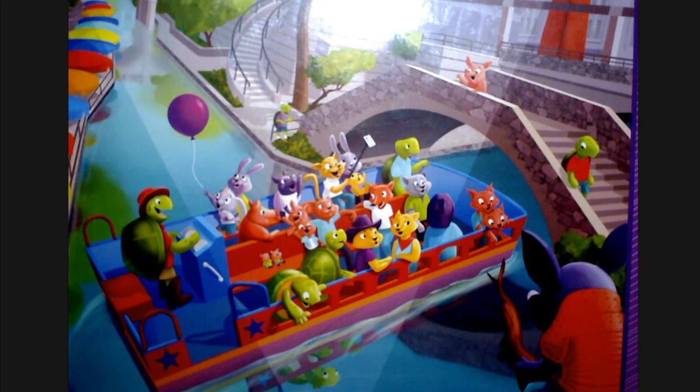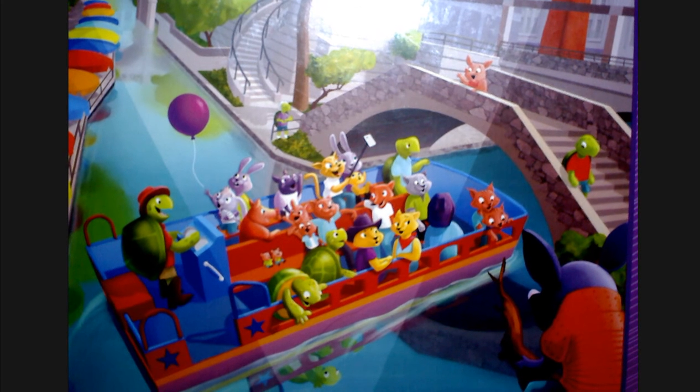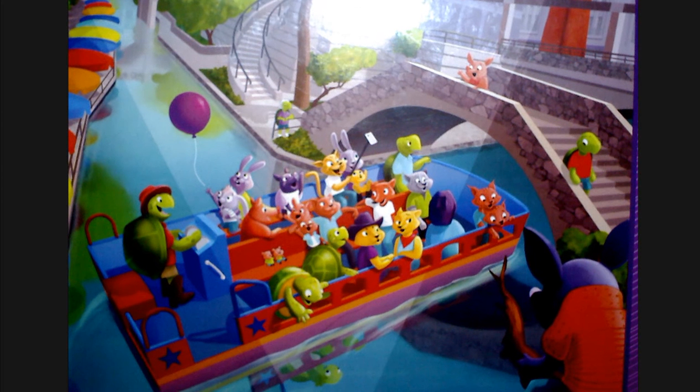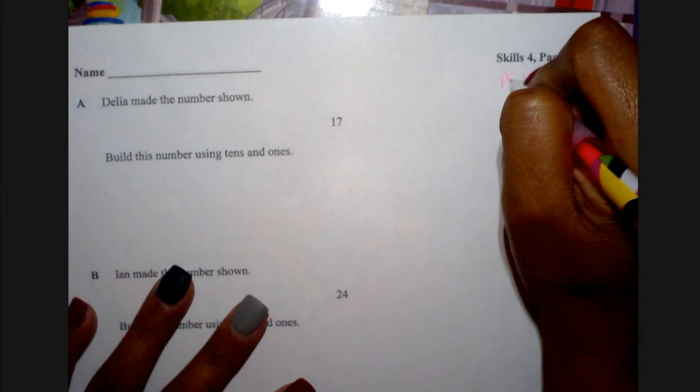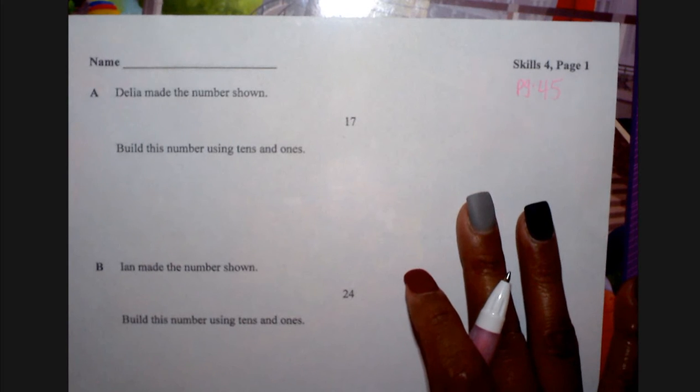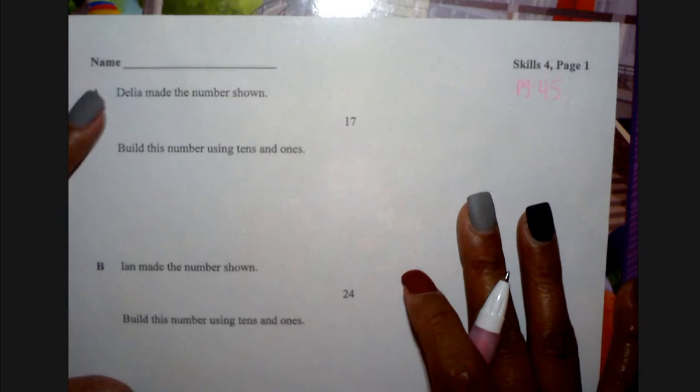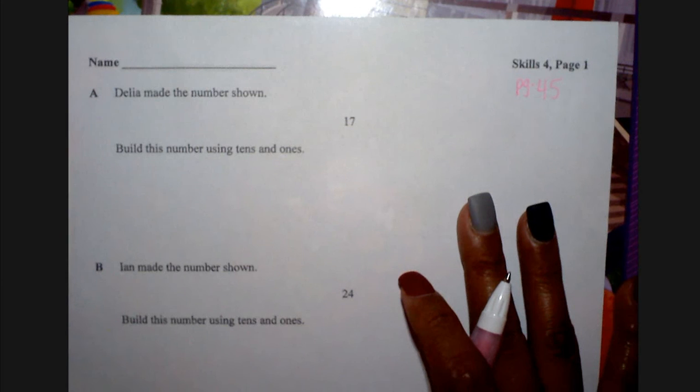And it should look like this. Again, page 45. I reviewed 2 of them, and then the kids were able to do the last 3 on their own.